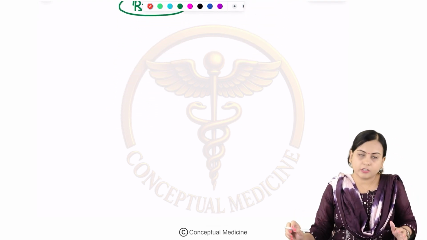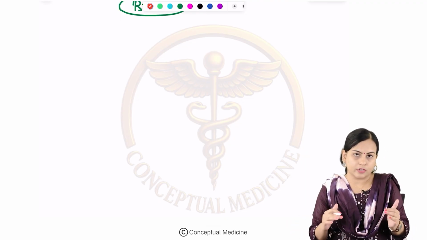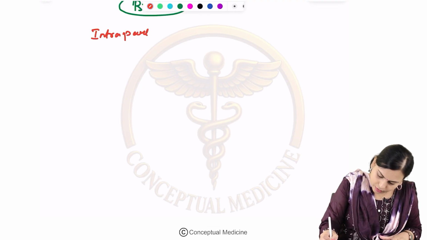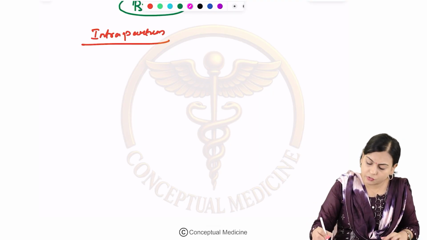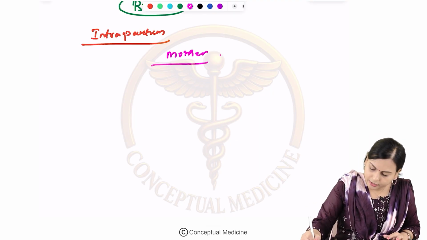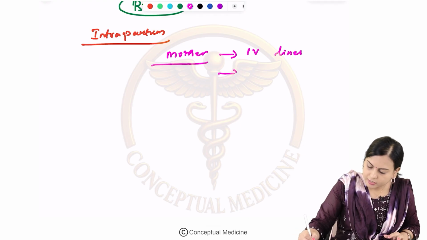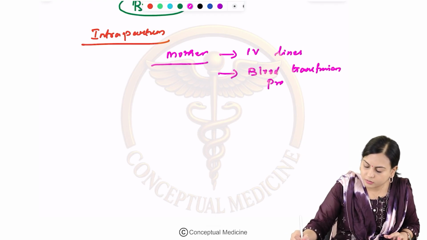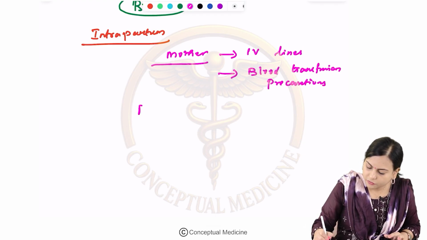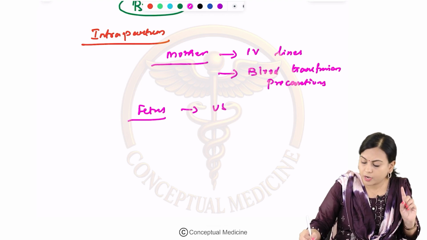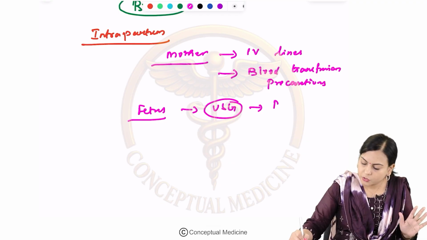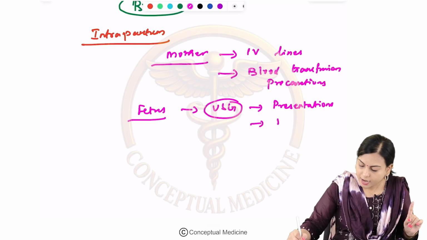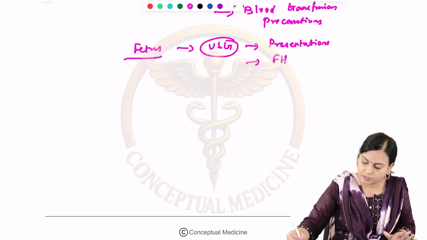Now, what are the management measures that you need during intrapartum care? During intrapartum, definitely expect PPH. So the mother should be secured with IV lines and blood transfusion precautions should be taken. For the fetus, you have to keep an ultrasonogram nearby to see the presentations during labor progression, and also to monitor the fetal heart rate, okay.